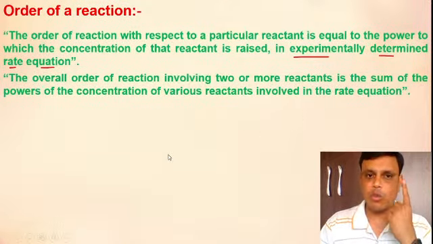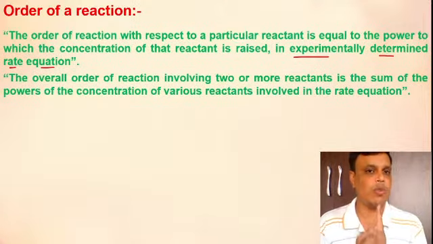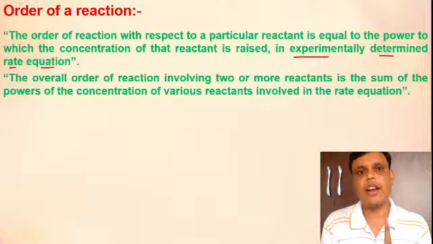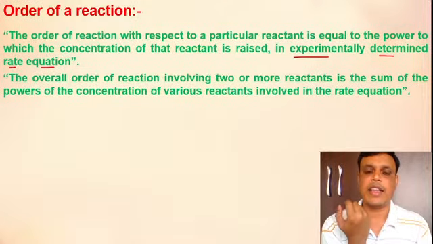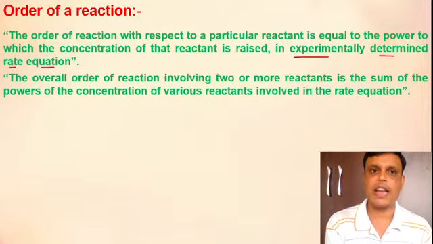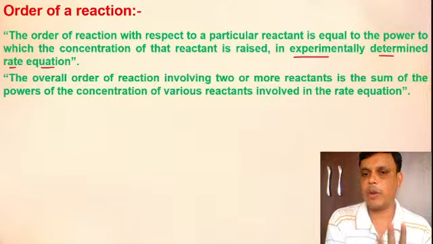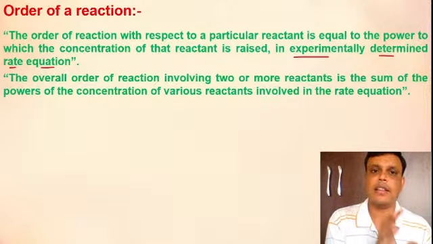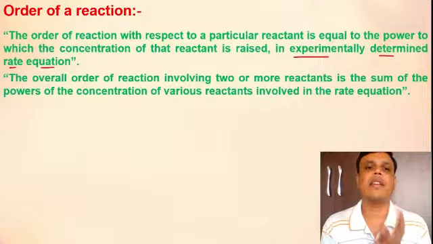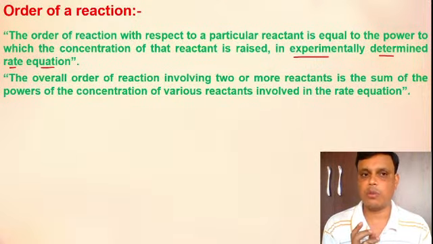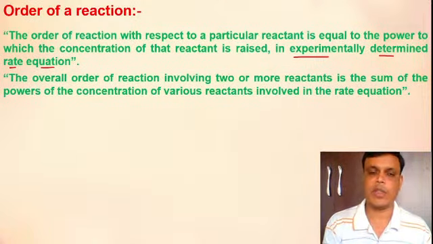If the reactant is only one, in that case, the overall order and the order of reaction with respect to that particular reactant are the same. And if the reactants are more than 1, in that case, the overall order and the order with respect to a particular reactant will be different. How, we will see while solving the problem.